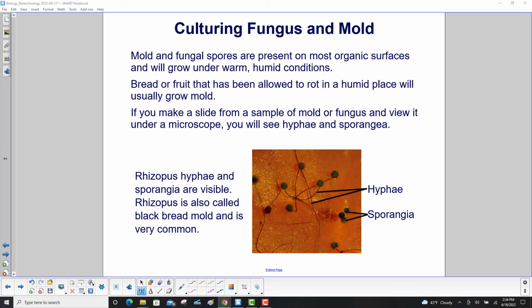Bread or fruit that has been allowed to rot in a humid place will usually grow mold. If you make a slide from a sample of mold or fungus and view it under a microscope, you will see hyphae, that's these strings here, and sporangia over here. Rhizopus, hyphae, and sporangia are visible. Rhizopus is also called black bread mold and is very common.